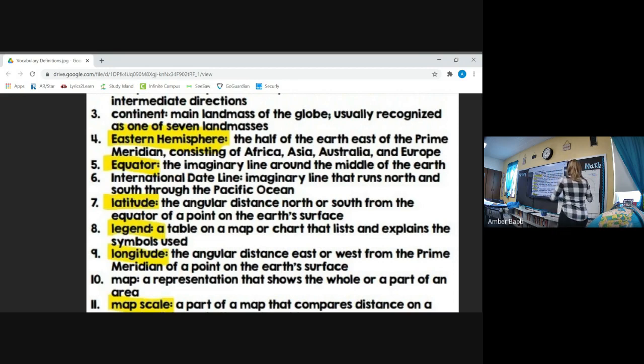So there are lines of latitude. They're imaginary. There aren't actual lines on the ground. But these are imaginary lines that run all the way around the globe, you can see on my map here.